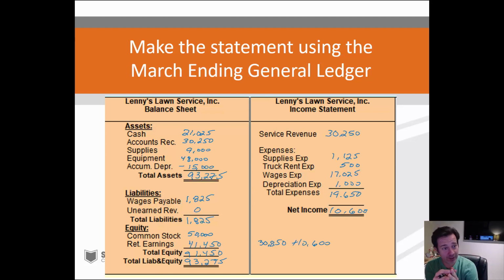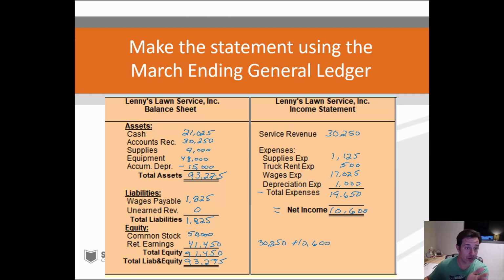Okay, hopefully you've had an opportunity to fill in your financial statements here. I'm going to walk through the numbers that I came up with. We got on the income statement, our revenue, again minus all our expenses, is going to equal our net income.